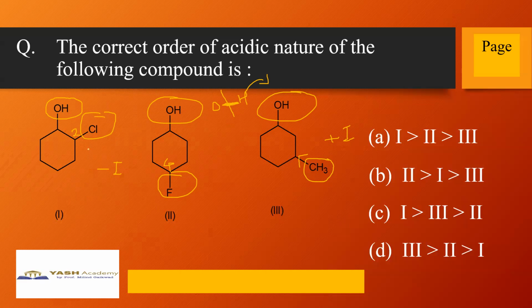So structure 1 is more acidic than structure 2nd, but in third case, due to electron releasing group, the release of H becomes difficult, so less acidic compound. So correct order is A.